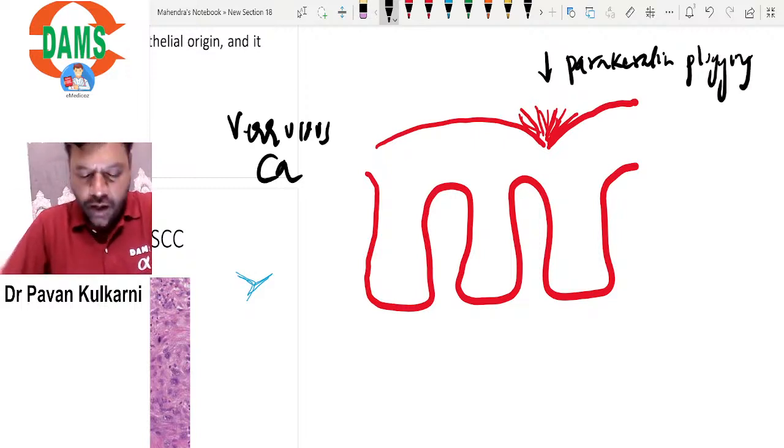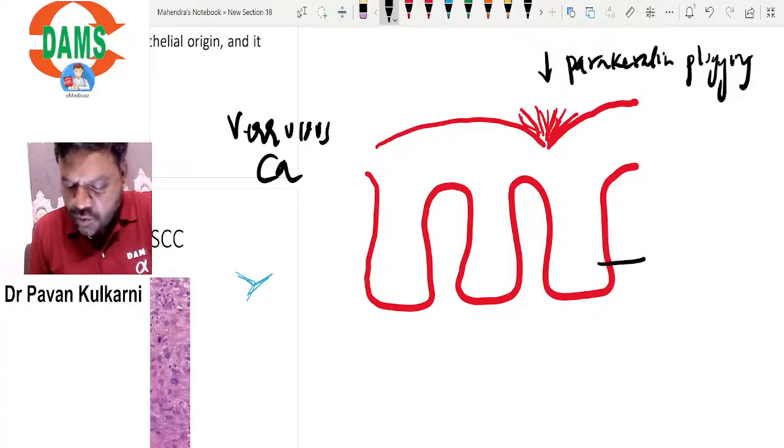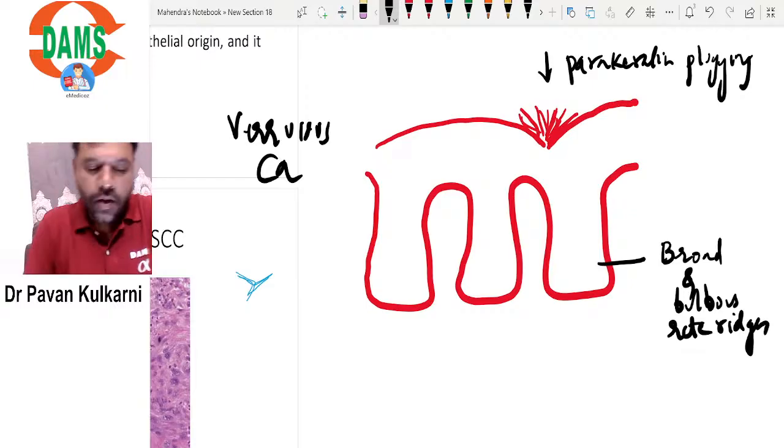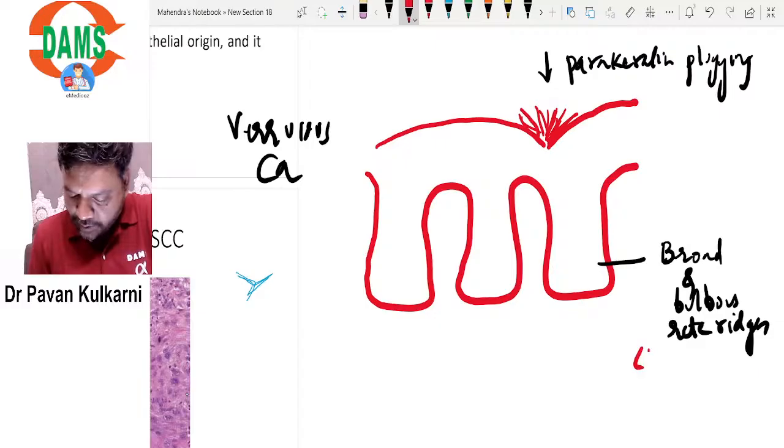Then it is showing rete ridges which are elephant foot, broad and bulbous rete ridges. Those rete ridges are called elephant foot rete ridges. Whenever you use the words broad bulbous, you call them elephant foot rete ridges.